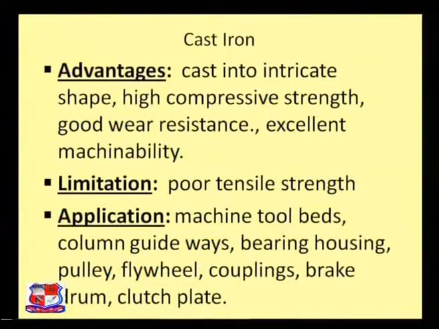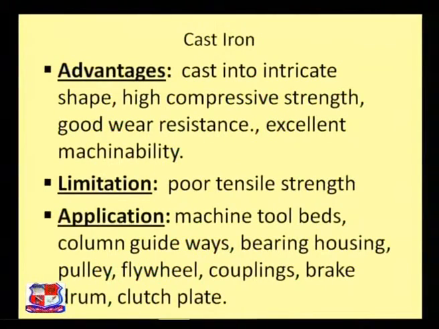Another advantage of cast iron is that it has high compressive strength, good wear resistance and excellent machinability. Whatever object or machine part is made of cast iron can have high compressive strength and can be compressed to a very high extent. It also has good wear resistance.